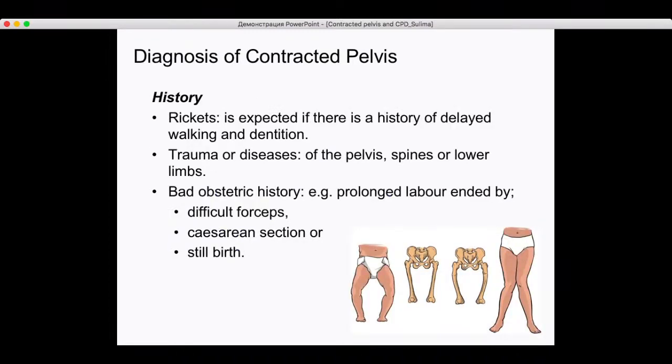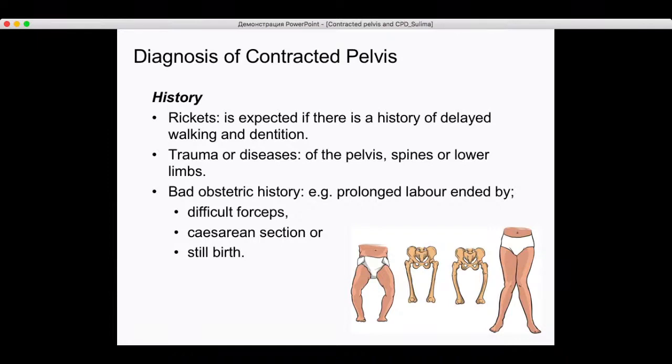It's very important to ask about diseases in childhood in girls. You should ask about rickets, which is suspected if there is a history of delayed walking and dentition.